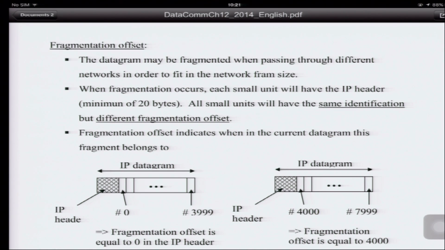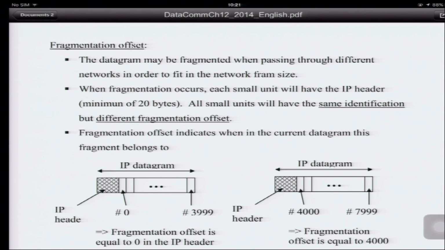In different networks, they have different limits on the size of the packet that it can send. So if you have a long packet at first, and then you go through a network that has a lower size limit, then you have to fragment it.